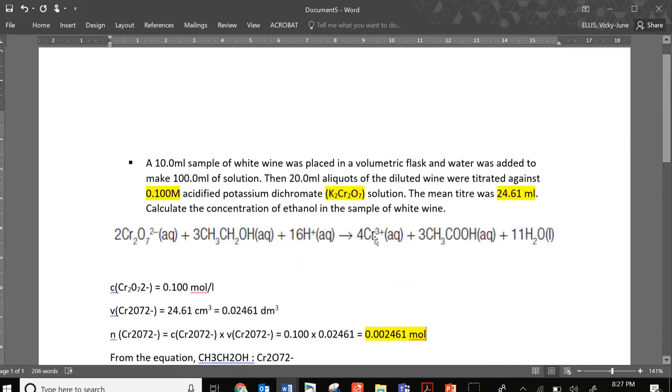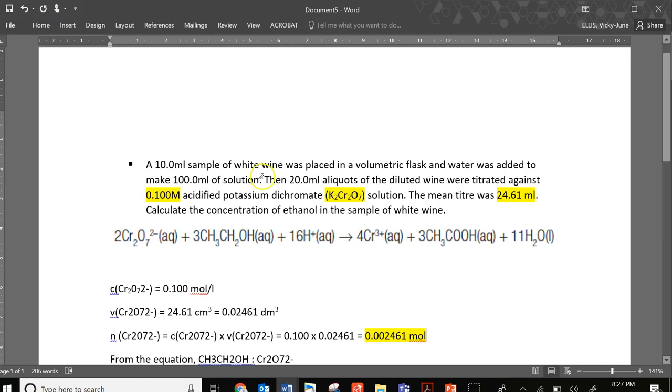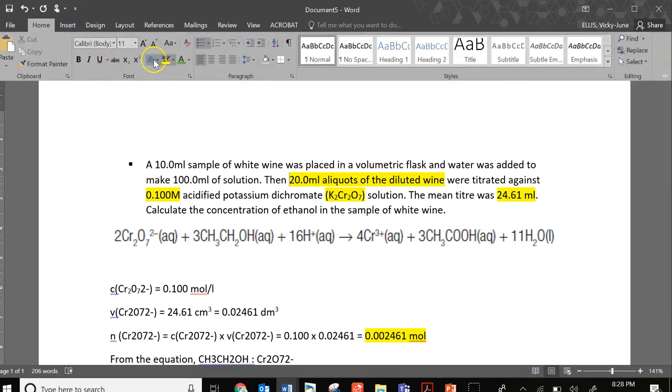If you remember from our question up here, this is 20 ml aliquots of the diluted wine. Let's see if we can highlight it in a different color. It's not going to change for me. So that's 20 ml aliquots of the diluted wine.